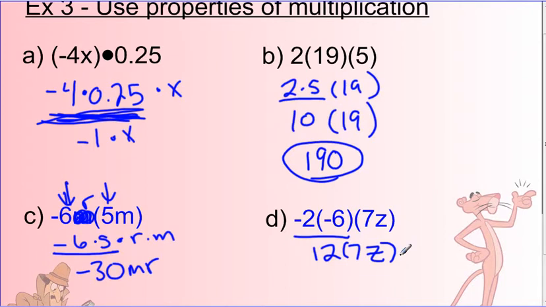We can take that 12 times that 7 and get an answer as well. The 12 times this 7 here is 84. And then we have our times z. So these properties allow us to make our problems simpler. Do math in our head.